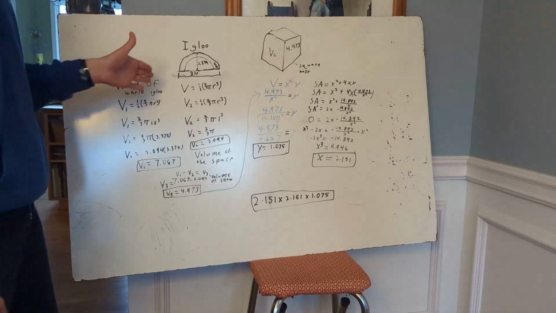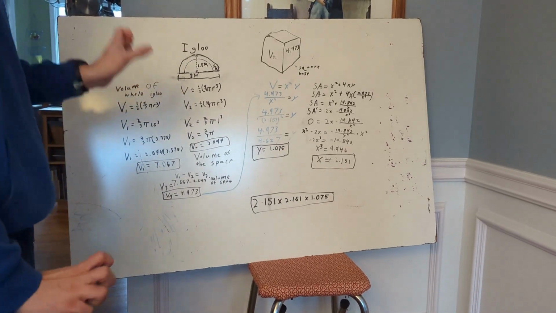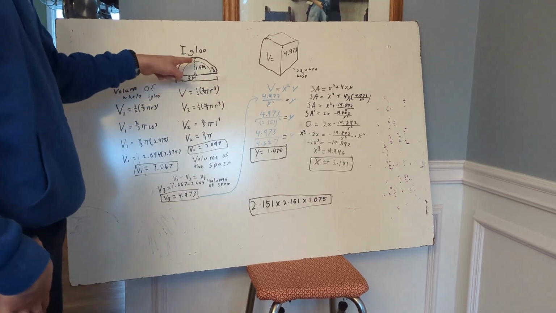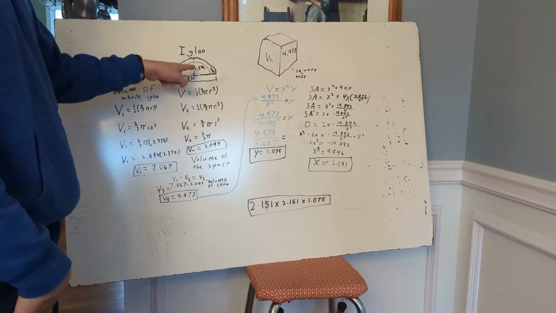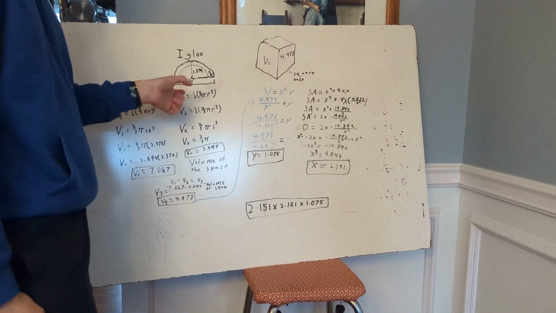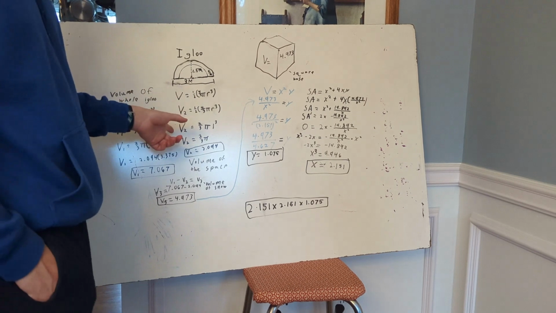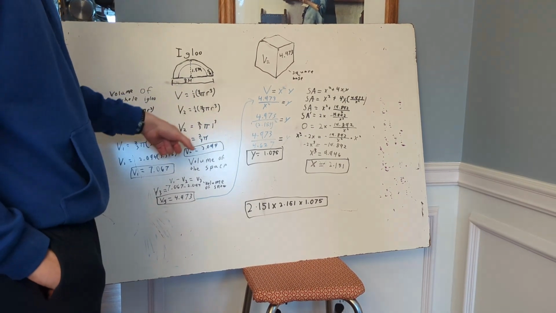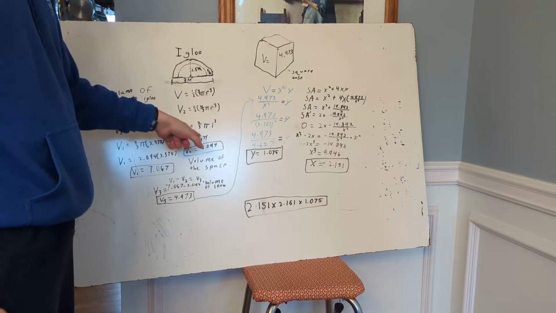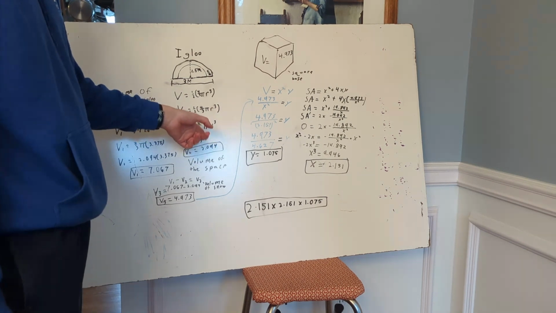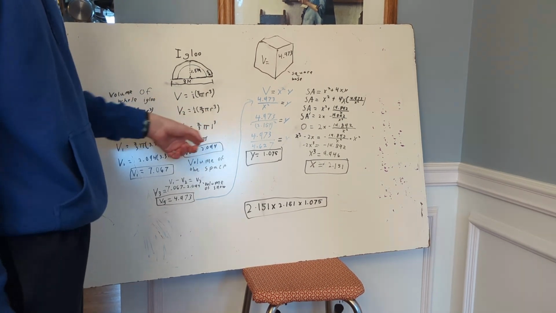Now we want to calculate the volume of the air inside so that we just have the volume of the snow. To do that, we subtract 0.5 from 1 to get just the air, and then we use that for our radius this time. So we have the same formula, except we're going to plug in 1 instead of 1.5, and then we end up with just 2/3 pi, which is 2.094.